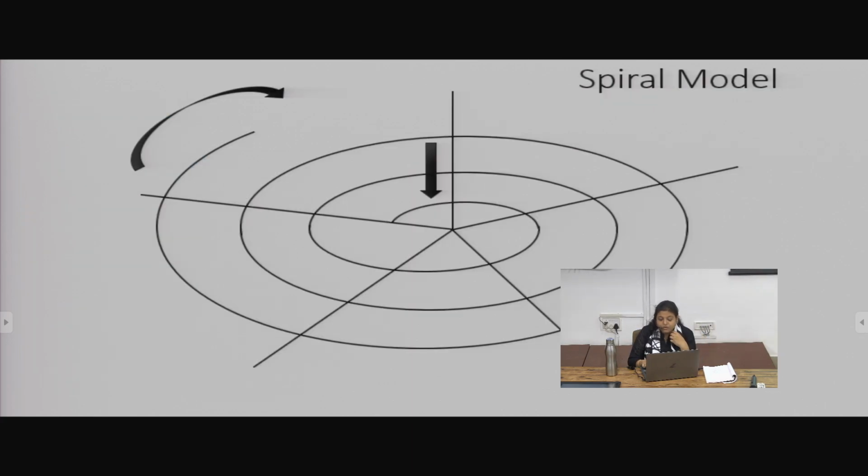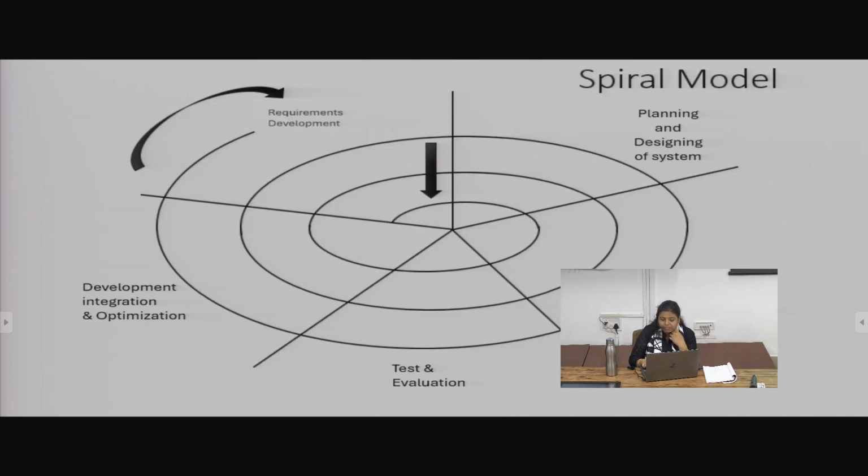But in the case of a spiral model, what is happening? You see the arrow from the inside. The spirals start from this particular point. The innermost spiral starts with a small set of requirements. Then you develop that small set of requirements, plan and design the system.